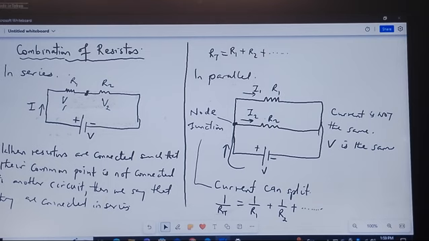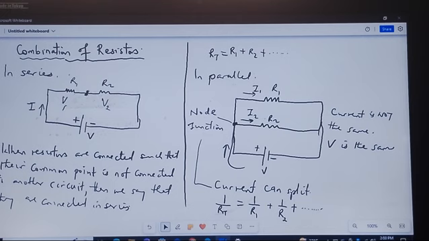Then there is a point you need to note that in the wiring of your houses, the appliances are connected in parallel. They are not connected in series. The reason you connect in parallel is to allow each device to operate independently of the others, so that if you switch off one device, it will not affect the other one.